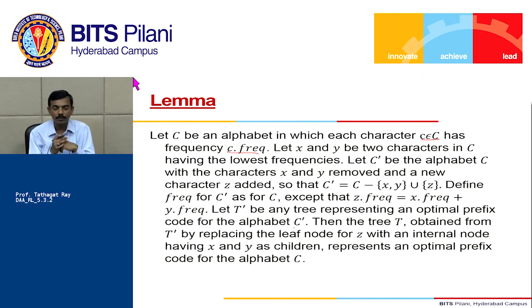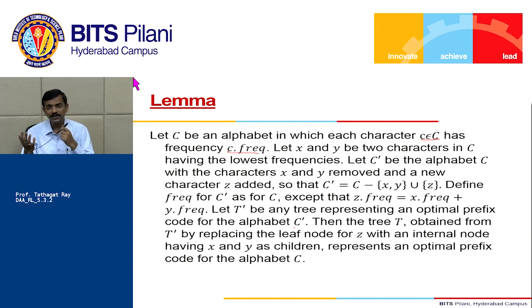Let's call that T'. Then the tree T obtained from T' by replacing the leaf node for z with an internal node having x and y as children represents an optimal prefix code for the alphabet C. So if I have this T', I can get my T by simply making that replacement.